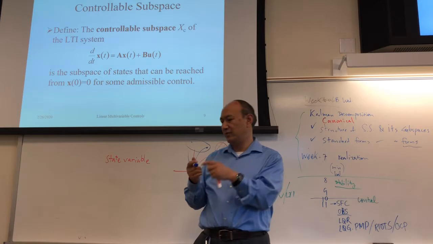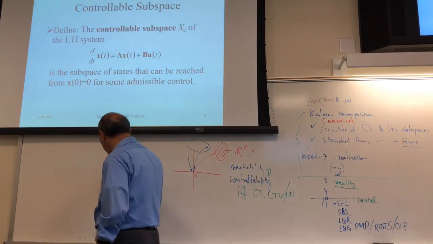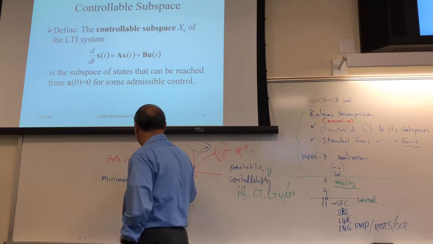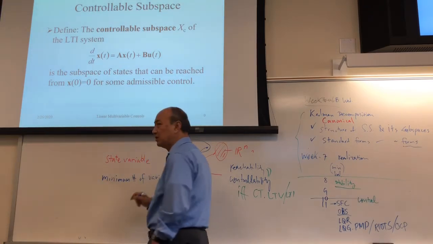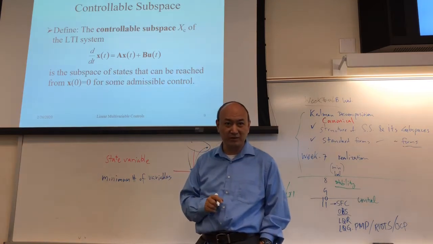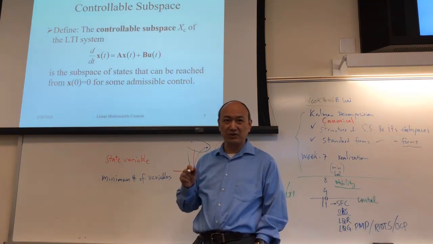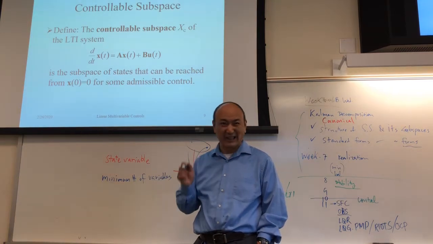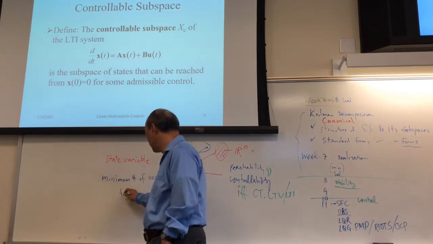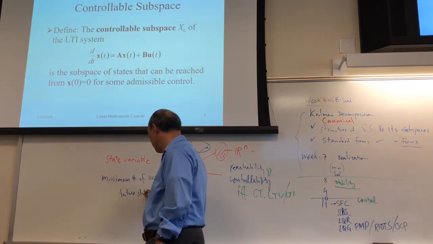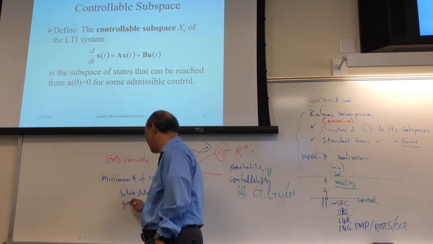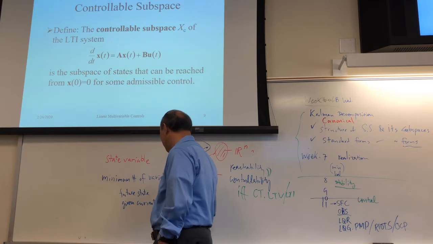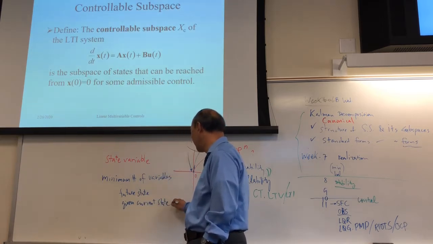There is a very important thing: the minimum number of variables that can be used to describe the future state, given the current state plus the control signal.